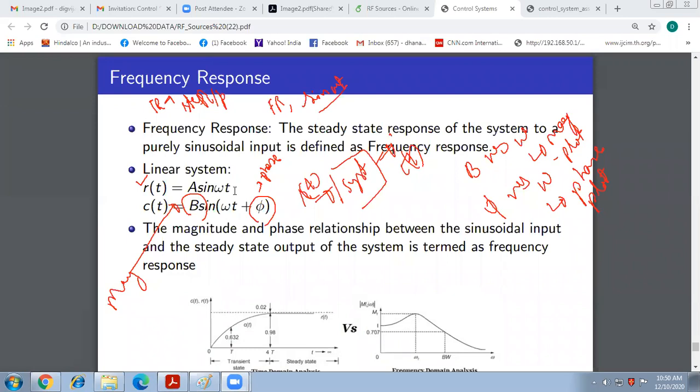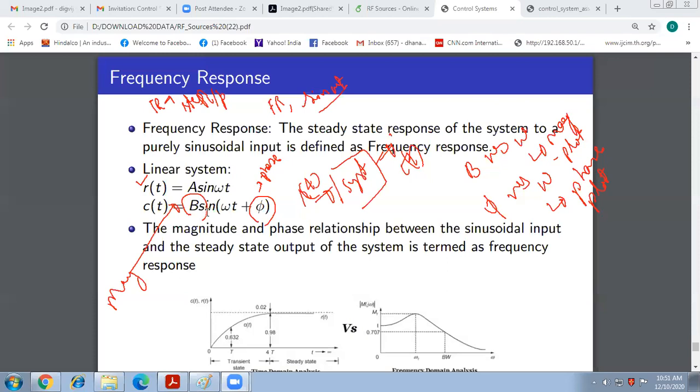And what is it that we obtain in frequency domain? The variation in the magnitude of the output against frequency omega. I don't see a variation in B or phi by varying capital A. What is capital A? The amplitude of the input sinusoidal signal. I am not worried about capital A, because a change in A will not bring any change in B and phi.